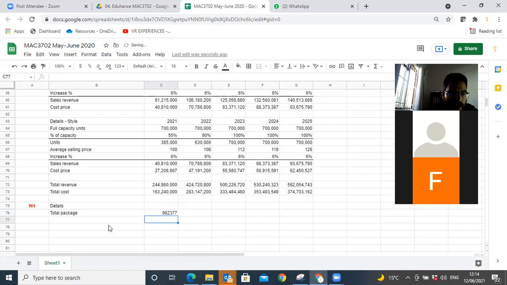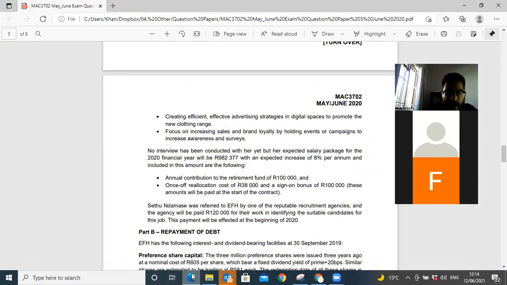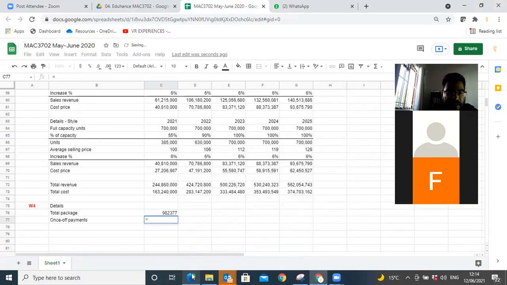And then once-off payments are a relocation cost of 38,000 and a sign-on bonus of 100,000.